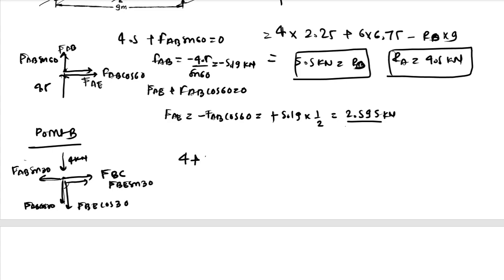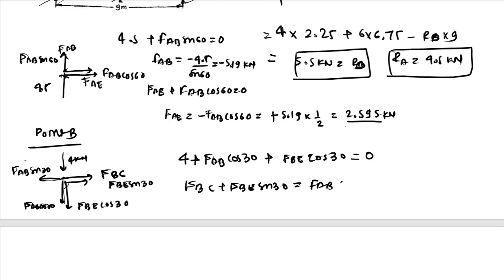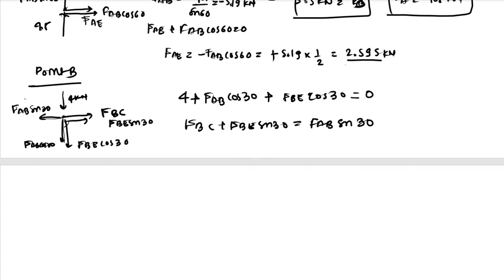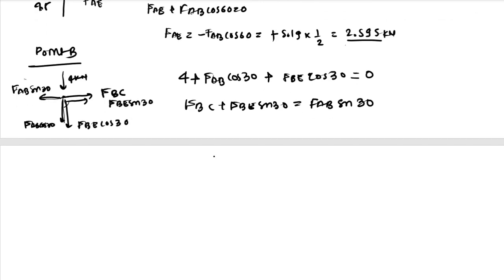We have 4 in the vertical direction. We have 4 plus FAB cos 30 plus FBE cos 30 as 0. And in the horizontal direction, we have FBC plus FBE sin 30 as FAB sin 30. So if you put the value of FAB in the first equation, you will get the value of FBE. So we have 4.